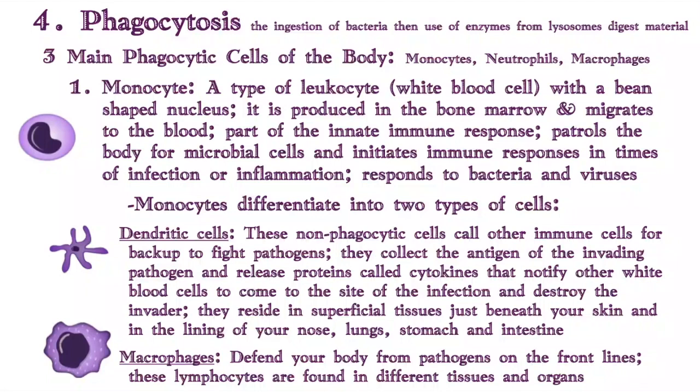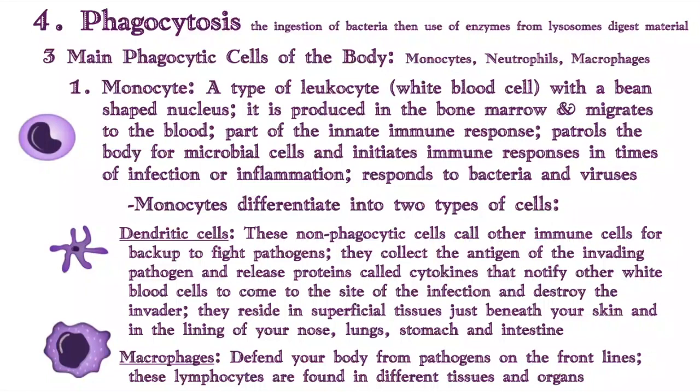The dendritic cells, remember, it looks like the end of an axon, it looks like a little dendrite. These are actually cells that will collect information and basically release proteins called cytokines that will notify other white blood cells to come to the site. So they will primarily let the macrophages and other cells know that there's an invader.